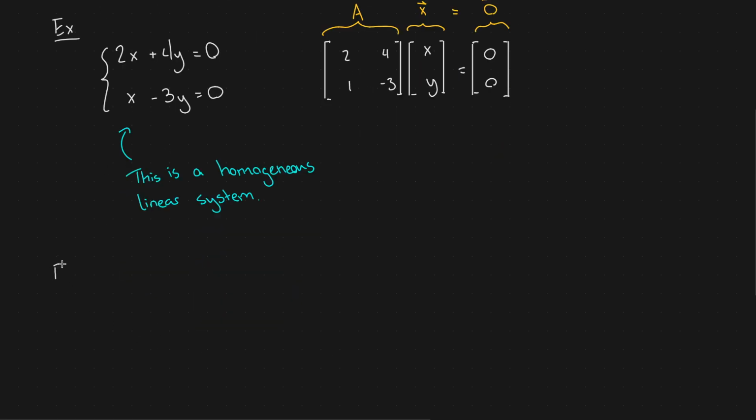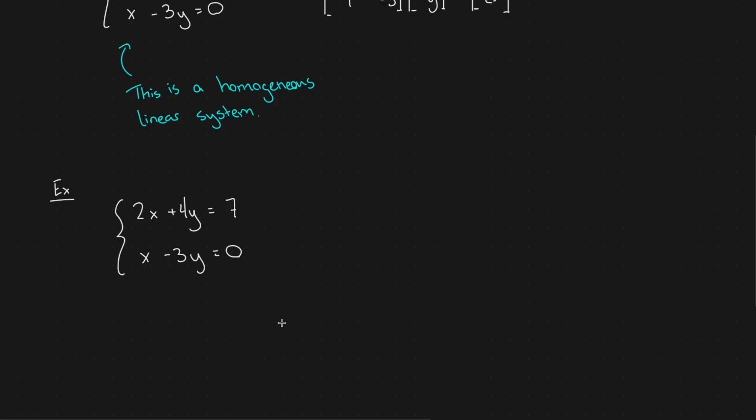If I considered another system, very similar, 2x plus 4y equals 7, x minus 3y equals 0, this system is not homogeneous.